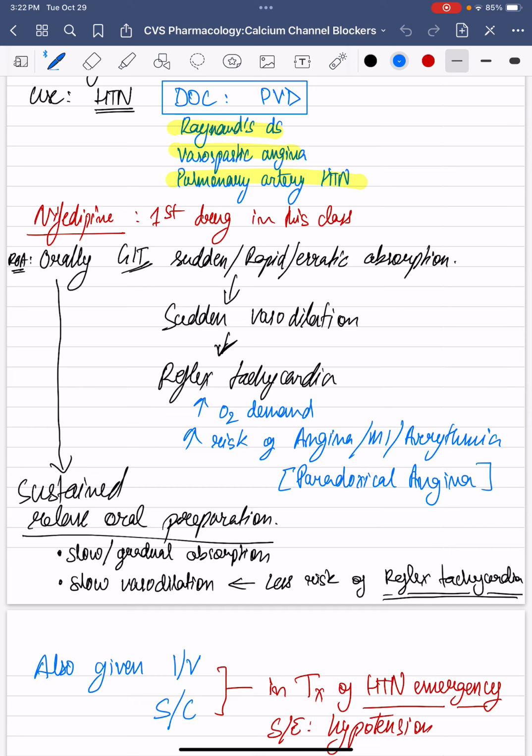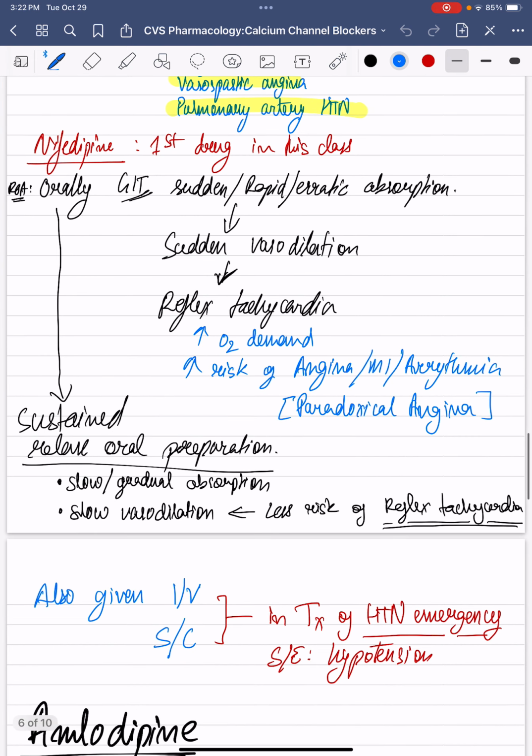There will be an increased risk of angina, arrhythmia, or myocardial infarction in the person. If there is a sustained oral preparation, there will be slow and gradual absorption, so there will be slow vasodilation, which means there is less risk of reflex tachycardia.